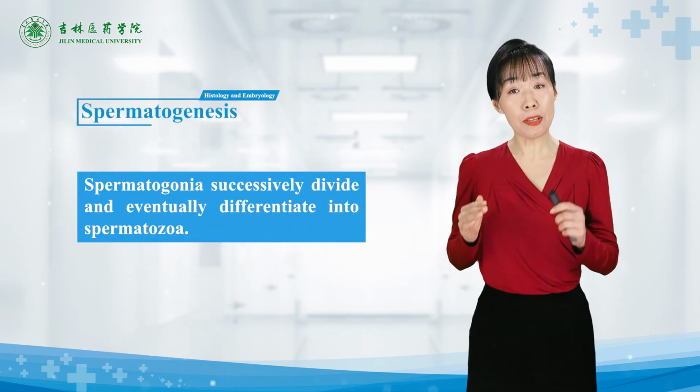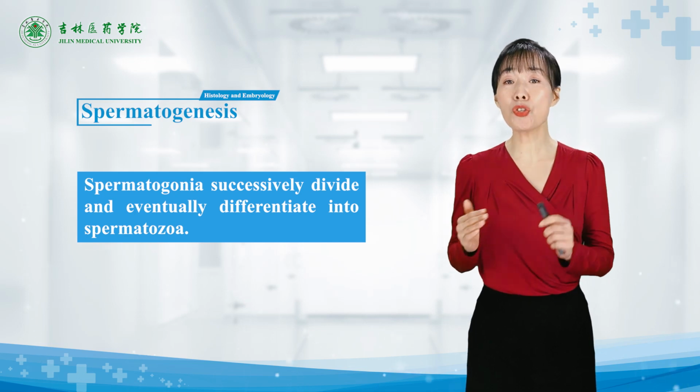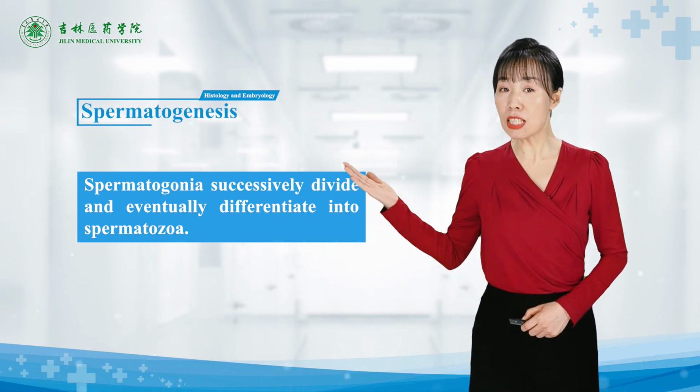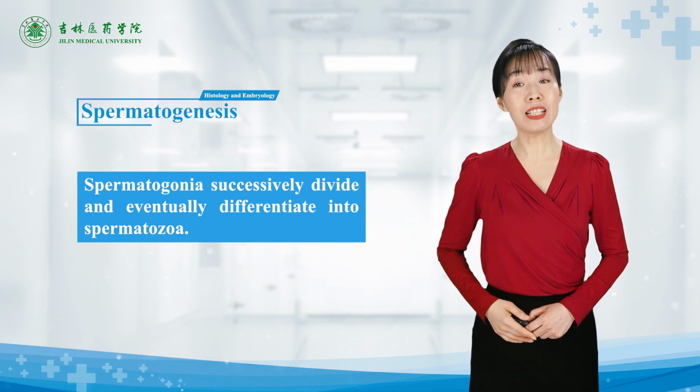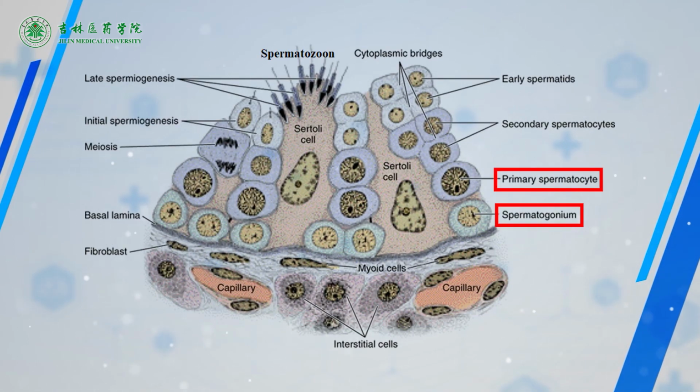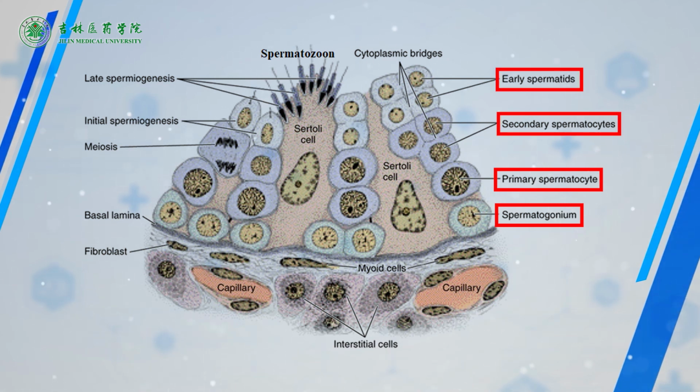Spermatogonia successively divide and eventually differentiate into spermatozoa. This process is called spermatogenesis. In this pattern diagram, you can see the spermatogonium, primary spermatocyte, secondary spermatocyte, spermatid, and spermatozoon from the basal to the lumen.